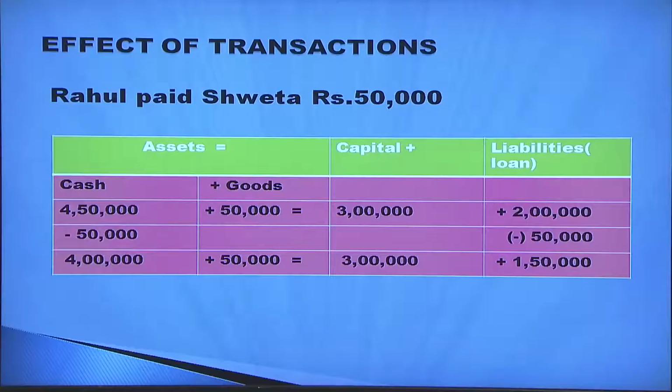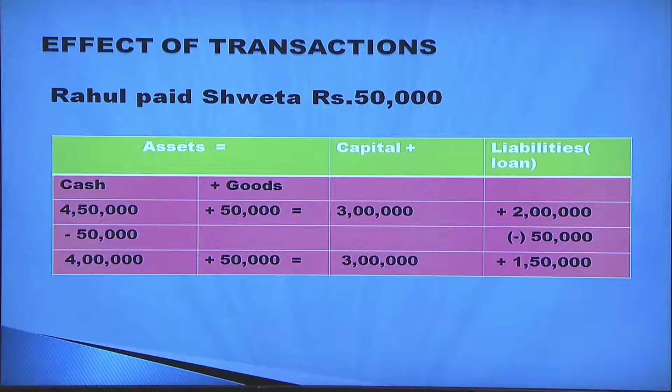Rahul paid Shweta rupees 50,000. Rahul had taken a loan, so a loan of rupees 50,000 is paid. So, what is going from the business? Cash is going from the business, that is minus 50,000. The loan has been reduced by rupees 50,000.